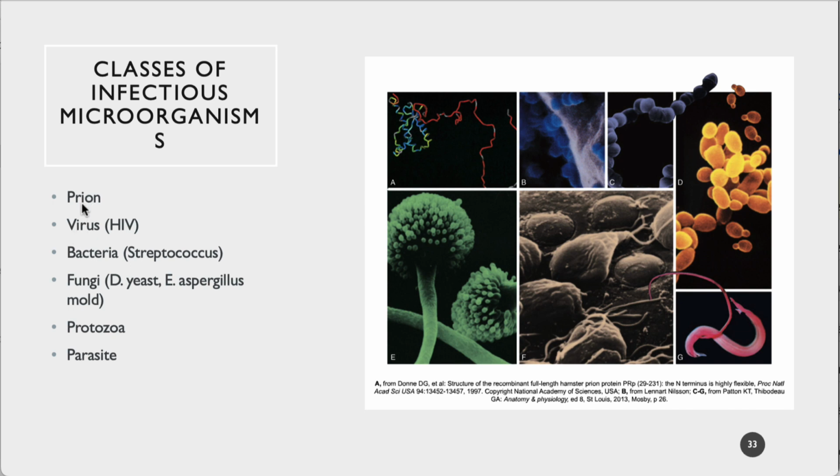Prions don't have DNA or RNA. They are just a protein shell. It's terrifying that a protein can cause that kind of damage. It's really frightening. Creutzfeldt-Jakob disease is the human version, and it's a horrible thing to see. It just causes destruction of the CNS. So we know about prions. We hope not to see them very much.